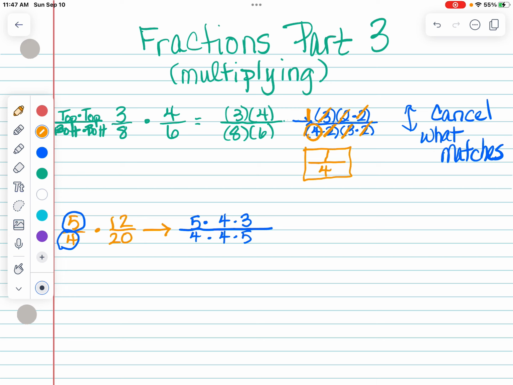And then I have so much that matches going up, going down. The 5s go away. The 4s go away. And all I have left on top is a 3. And all I have left on the bottom this time is a 4.